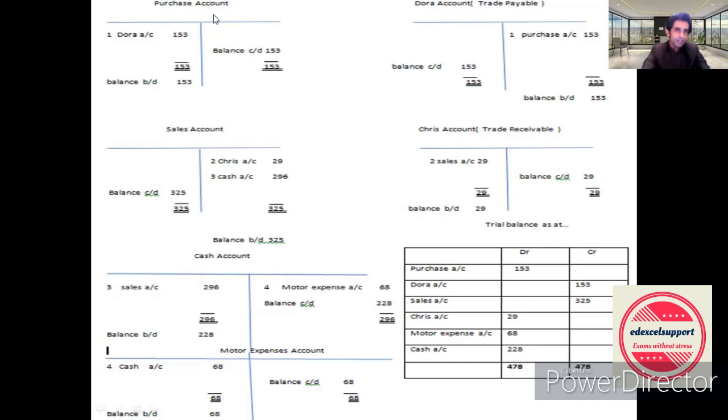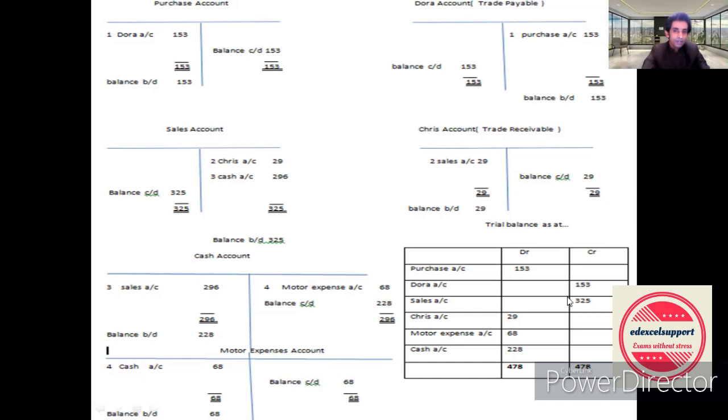If you go to purchase account, it's an expense, normally debit. If you go to the brought down balance, you can see the brought down balance is on your debit side. Therefore, it is recorded on the debit side. Dora account, brought down balance is on the credit side. Therefore, it's recorded on the credit side. Sales account, brought down balance on the credit side. So it's credit 325. Chris account, 29 debit. Motor expenses, 68 debit.